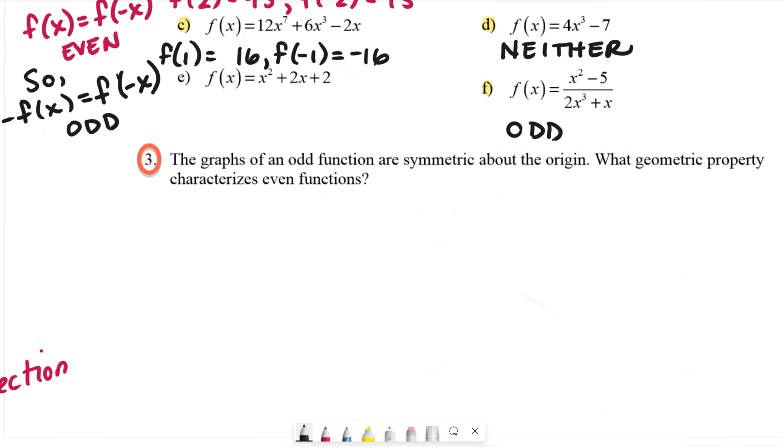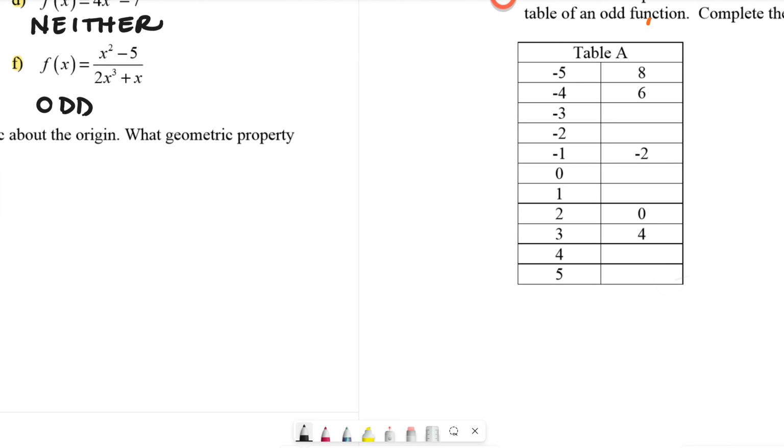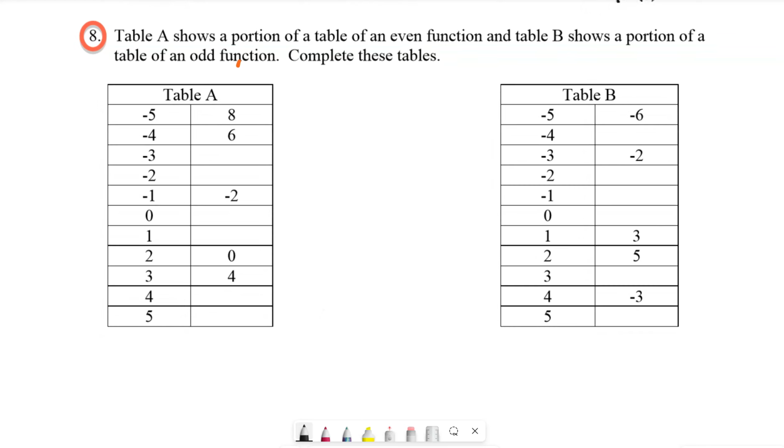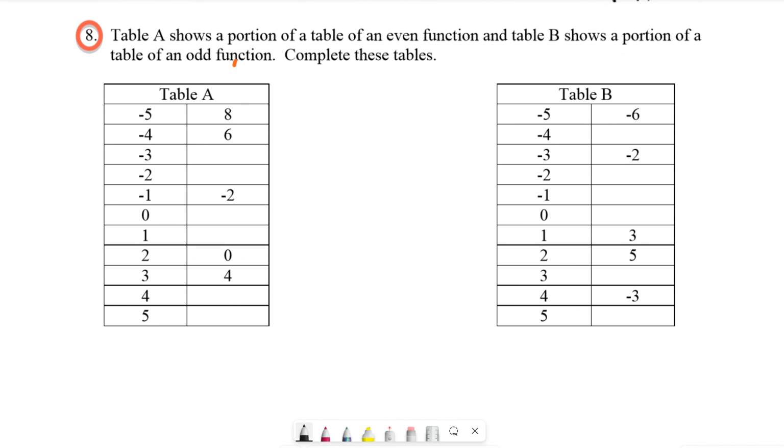Okay, so last part of our notes. There are other parts that you can fill out. The answer keys are on Canvas, but this was the last piece that I wanted you guys to work on. So table A shows an even function set up for a graph, and the other table is an odd function.